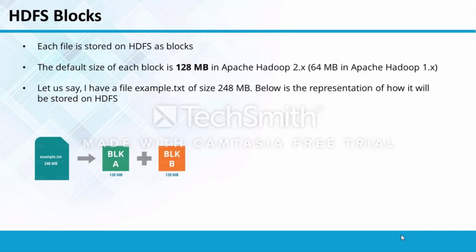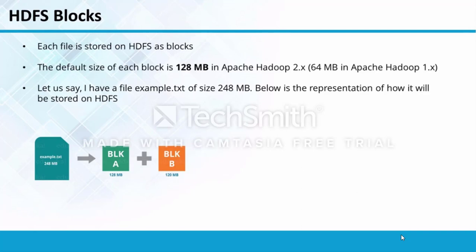So the hardware in one single machine would be somewhere around 1 TB or 2 TB at the max, right? Your hard disk is in a single machine. So the entire file needs to be broken down into chunks of data, which are nothing but the HDFS blocks.